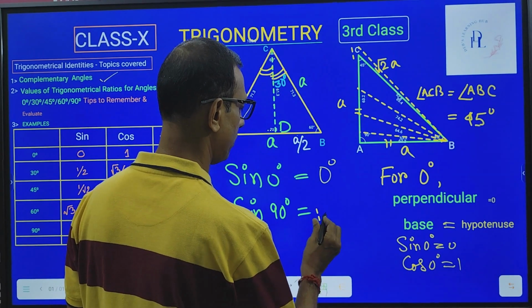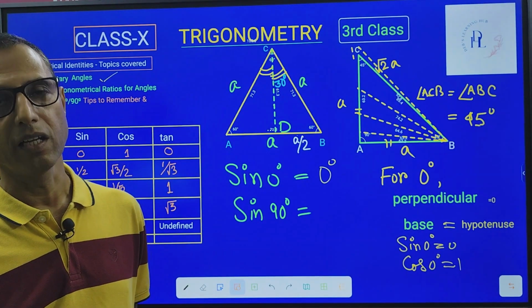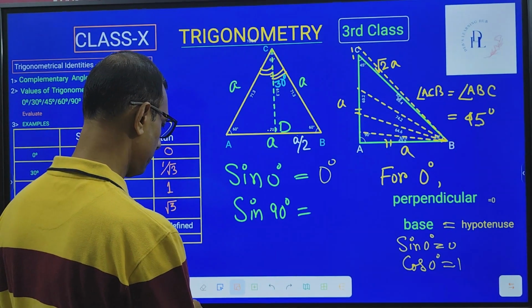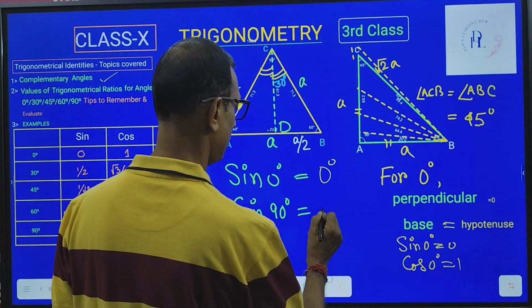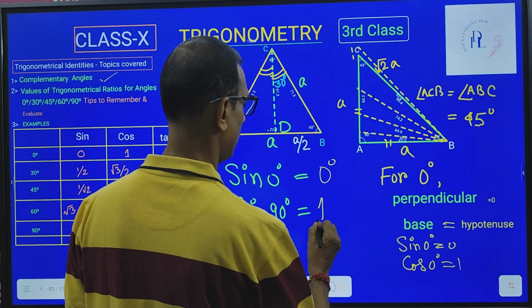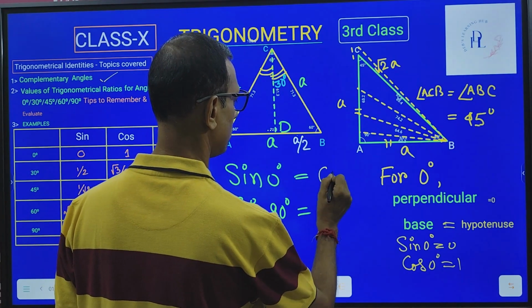And what is sin 90? Sin 90 means cos of 90 minus 90 with respect to complementary angle. That means cos 0. So sin 90 equals cos 0 equals 1. Okay. So sin 90 will be 1. Sin 0 equals 0.